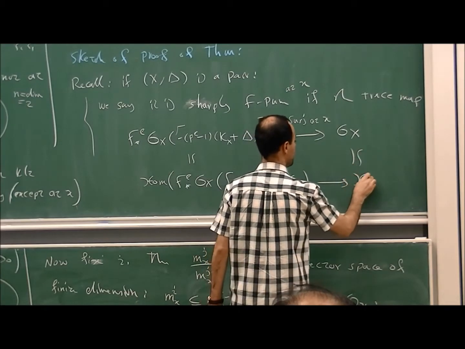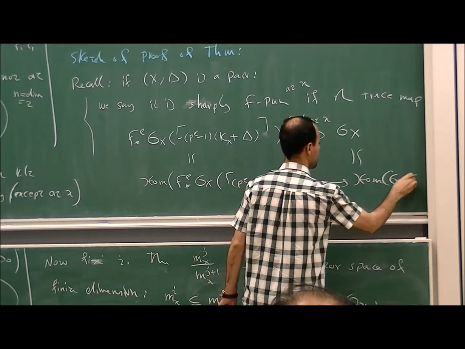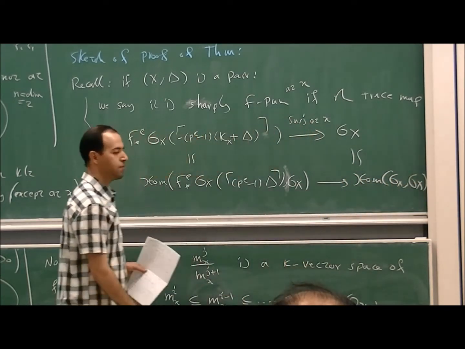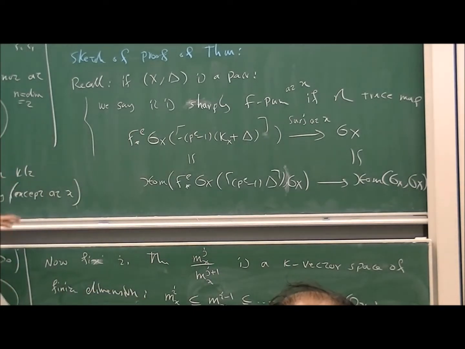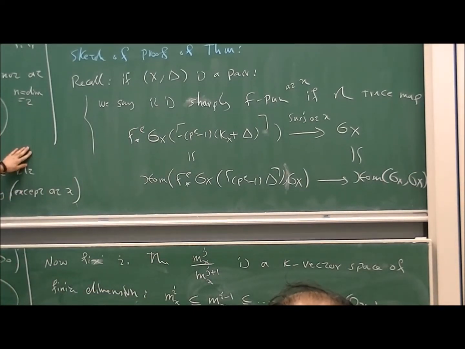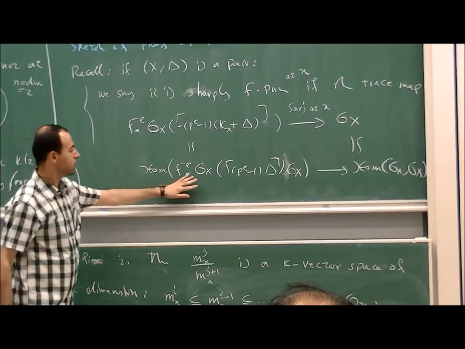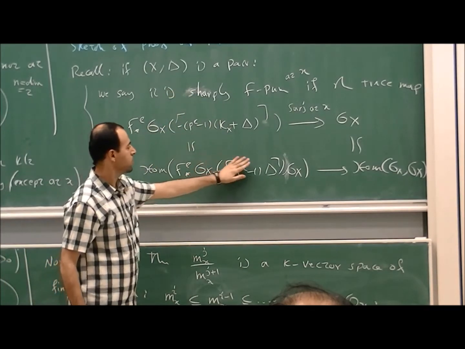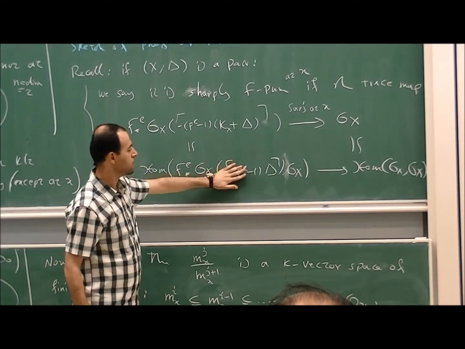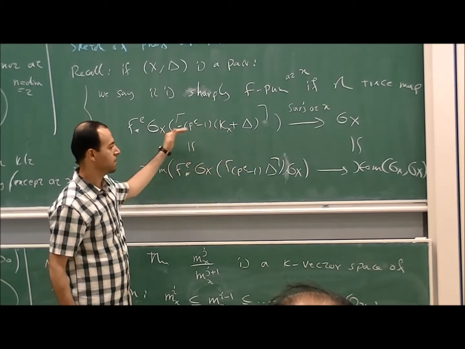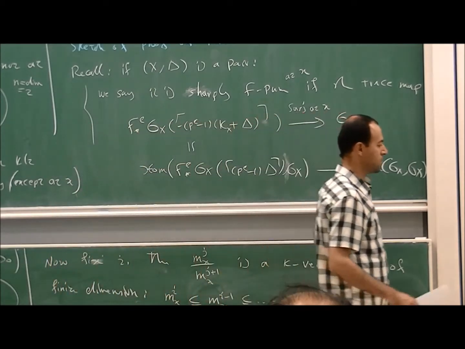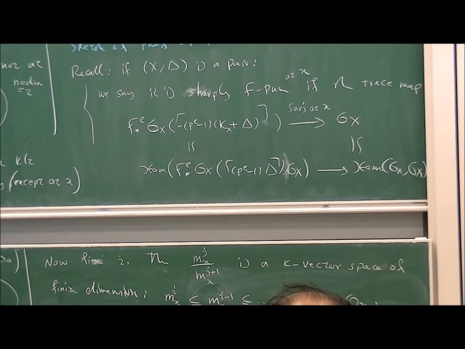And this one is just O_X. So these are given by duality. So you can define this notion of sharply F-pure using that by looking at this sheaf, or you can use the duality of this diagram to say that you want some surjectivity. And strongly F-regular is a bit stronger than sharply F-pure.